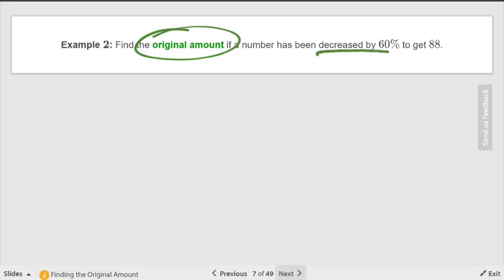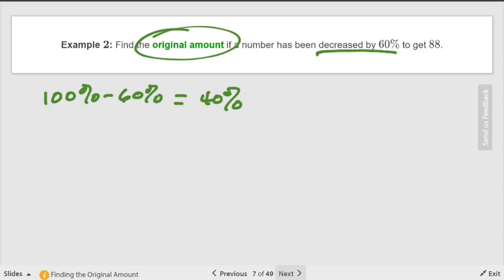Okay? So, first of all, who can tell me what decreased by 60% means? 100% minus 60%, which is 40%. Okay? Right. I can't ever multiply with a percentage.